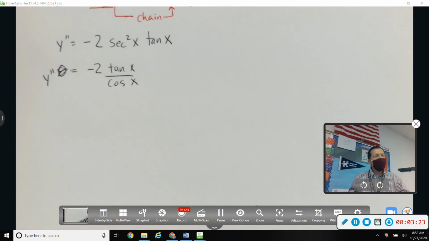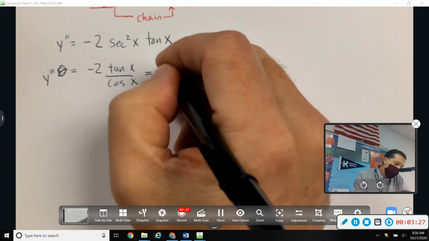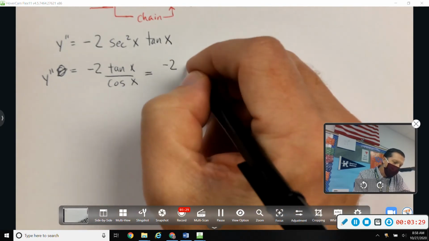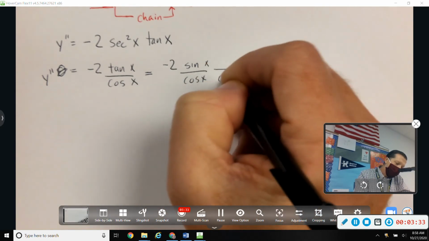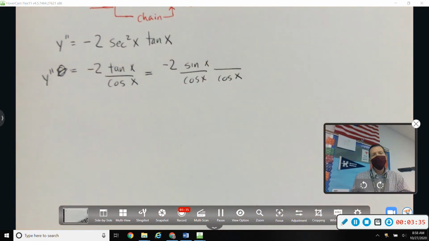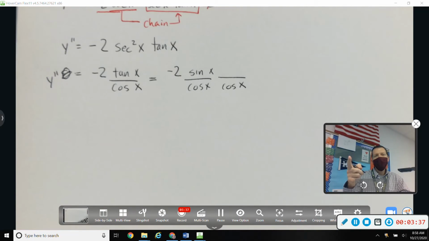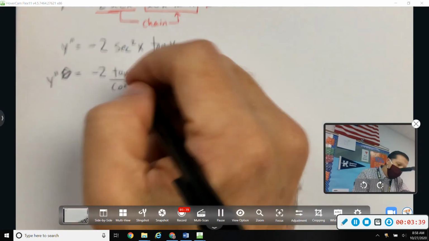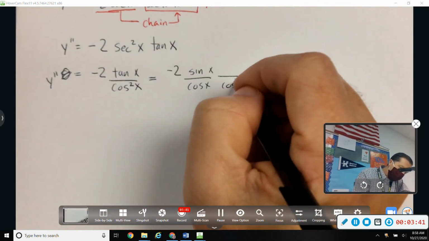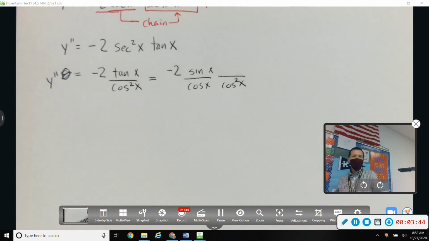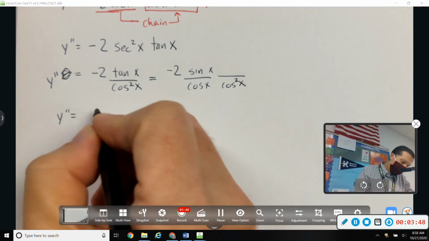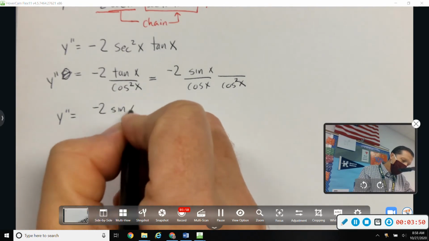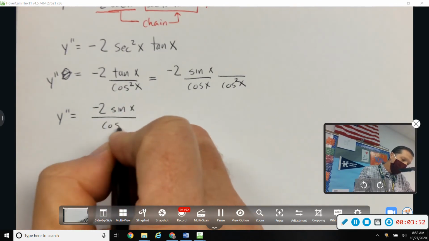So it's okay that I have a denominator. In fact, tangent is sine over cosine. So why not just put it all in terms of sine and cosine? We know that better anyway. Uh-oh, I messed something up. Cosine squared. Yep. So negative 2 sine of x over cosine cubed of x.